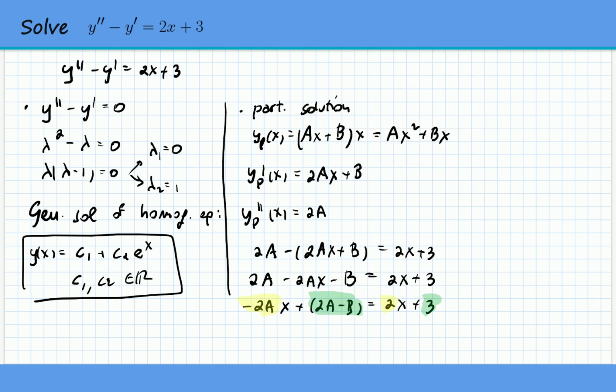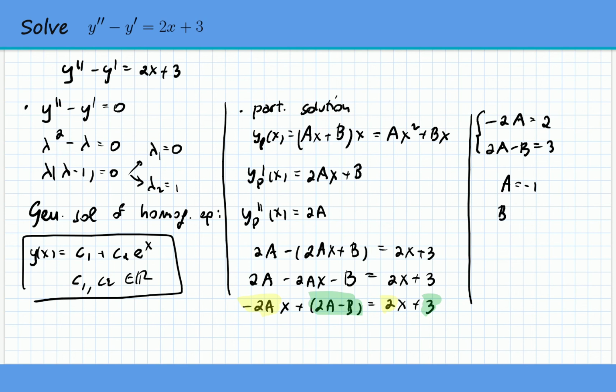So I will obtain the following system. The yellow ones, minus 2a equals 2. And from the green one, 2a minus b equals 3. So the first equation gives me a equals minus 1.